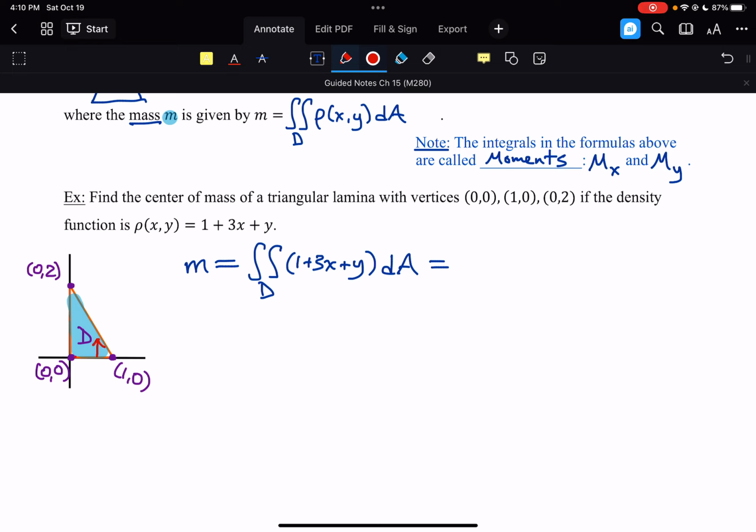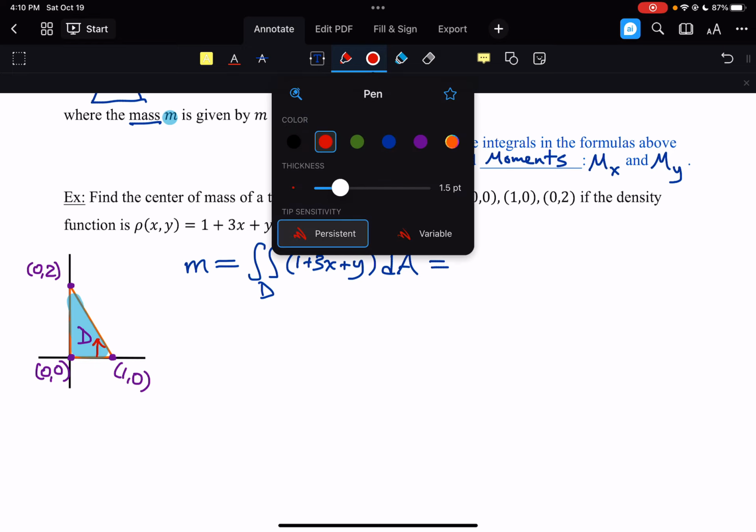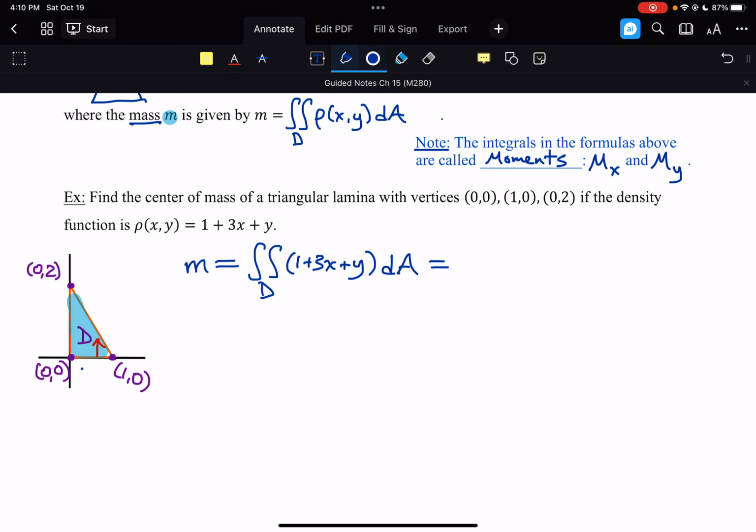So we're going to go from the bottom line to the top line up here. This bottom line is y equals 0. This top line we can create between 2 points using algebra techniques. So we get that this is the line y equals negative 2x plus 2. And this over here is x equals 0.